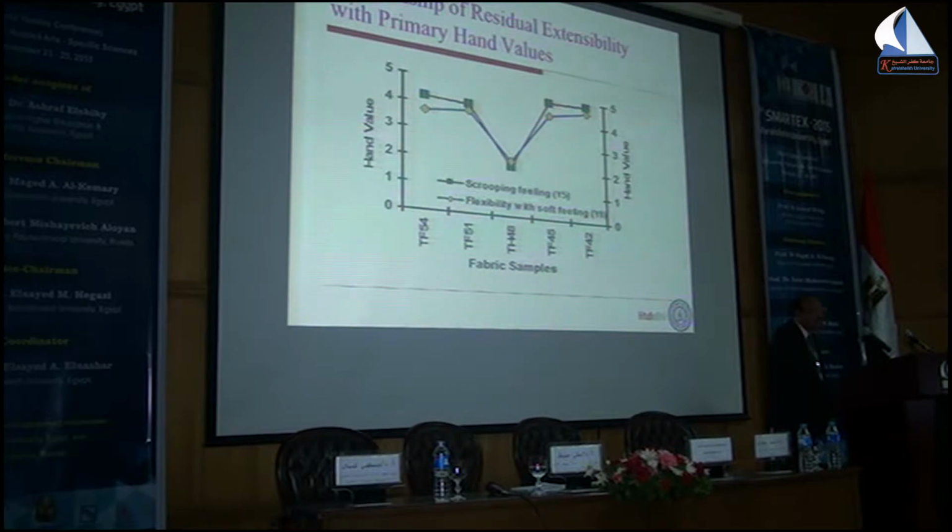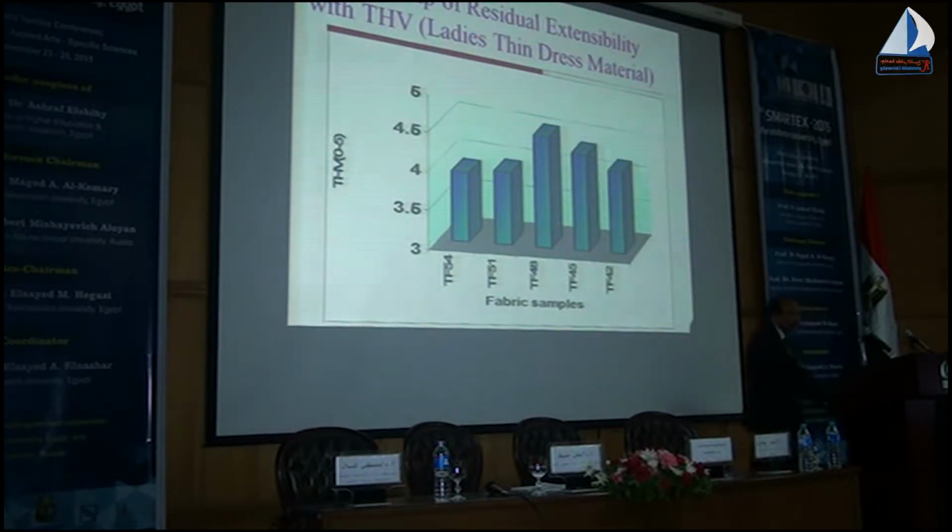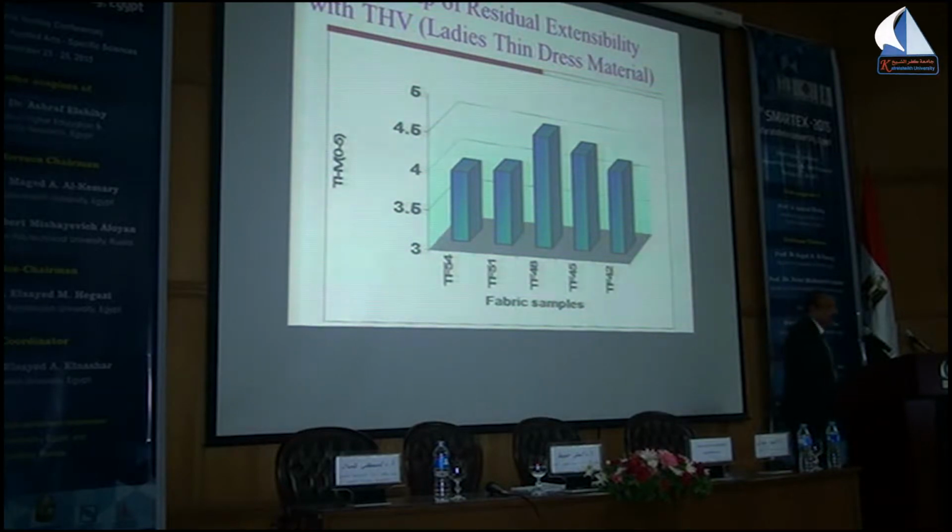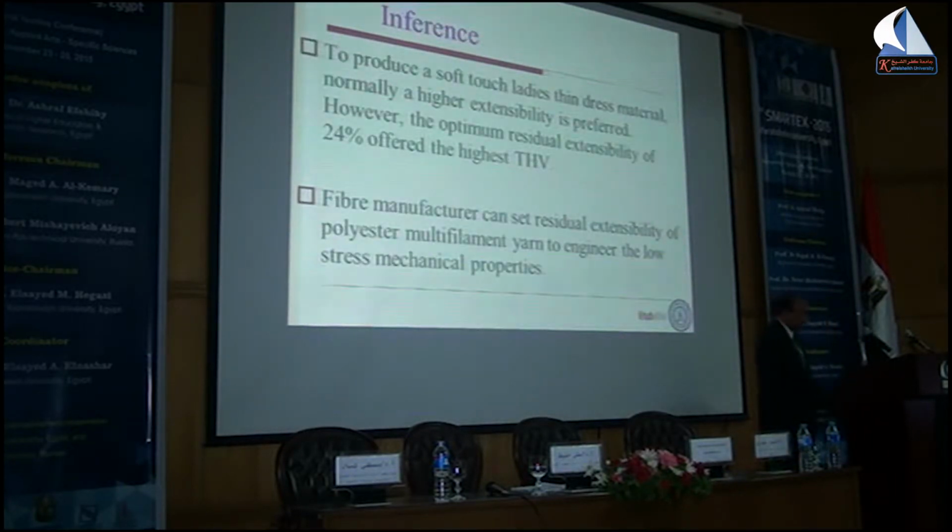There is a general feeling earlier that as you go for extensible fibers, the hand value increases. But as you can see from this result, it's not like that. The extension at a given point gives the best hand value. That means there is a need to optimize at what extensibility the fabric will give the best hand value.